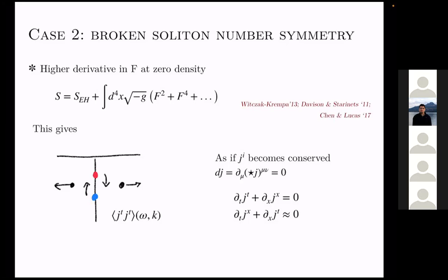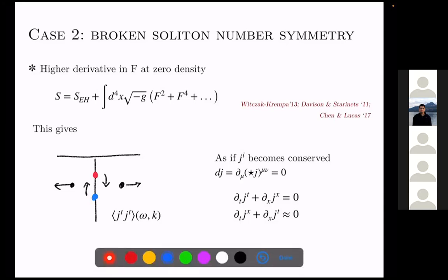It is encoded there, and you might be missing this pole coming from the higher derivative term if you're not scanning the parameter well enough, or you're not in this regime. But this pole is there, and you can check either analytically or numerically.